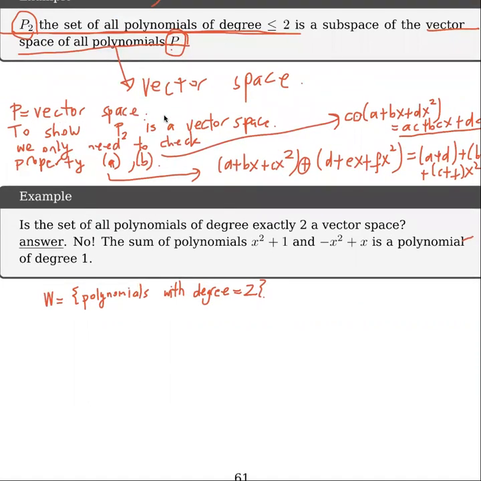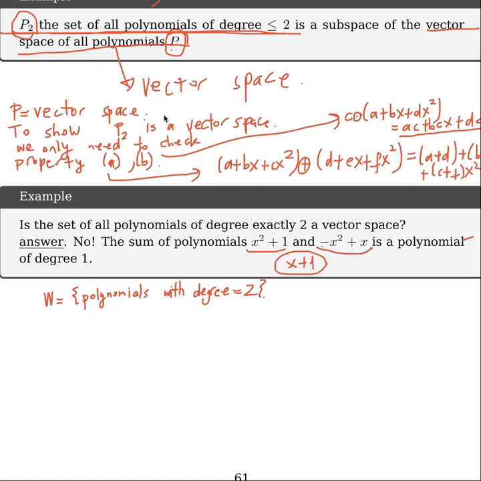Is this a vector space? So the answer is no. Why no? Because if I add this polynomial to this polynomial, then you see their sum is, what is their sum? Their sum is x plus 1, right? So this is not a polynomial of exactly degree 2. The degree of this polynomial is 1. So the sum of two polynomials of degree 2 can make a polynomial of degree 1.